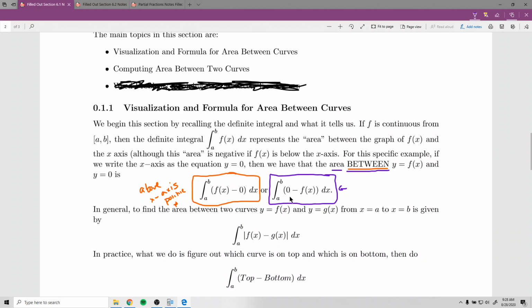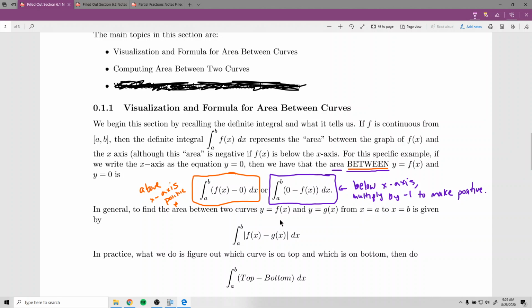But I kind of write it in this weird way of 0 minus f of x, and I'll explain that in a second. So when this is below the x-axis, we multiply by -1 to make it positive, right? Because we want the area to actually be positive.